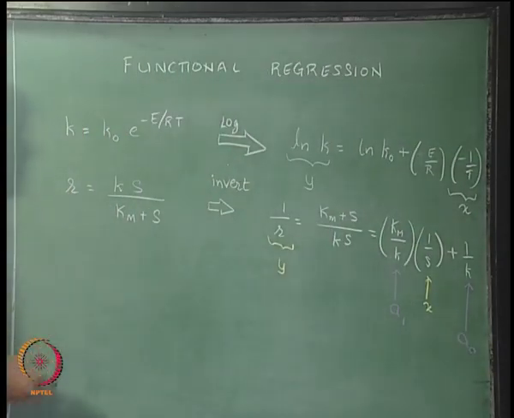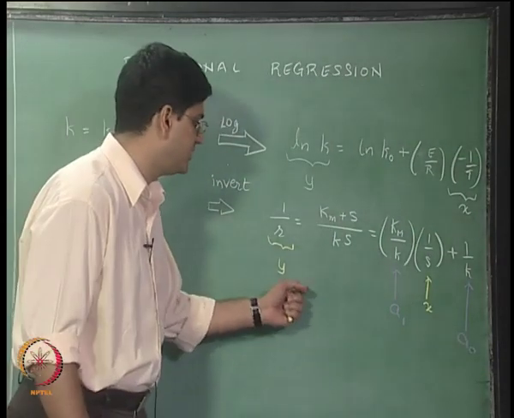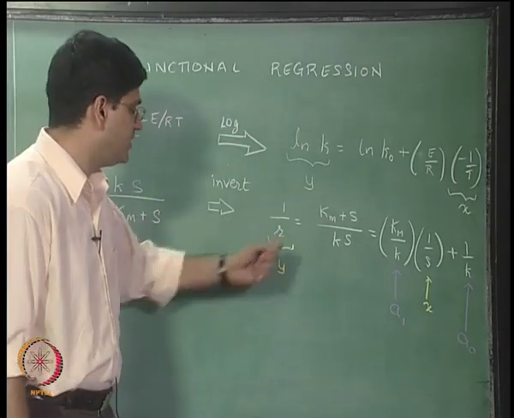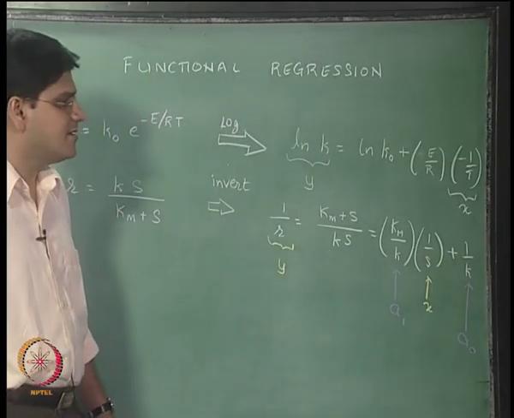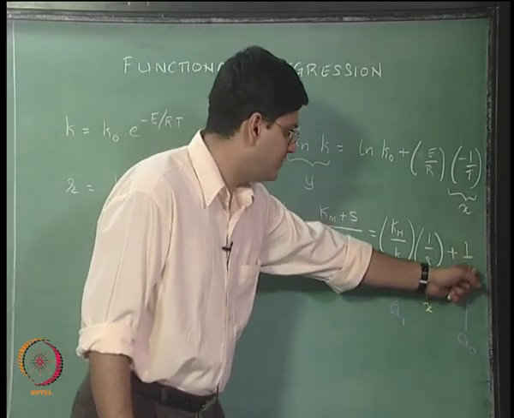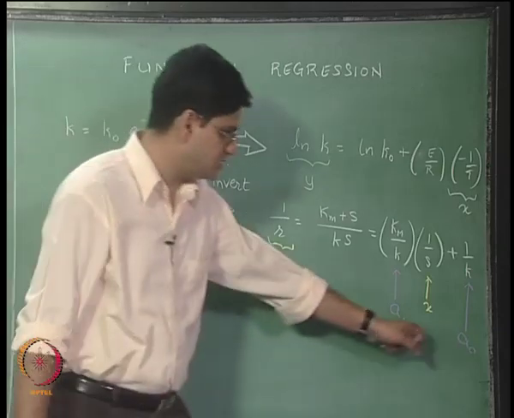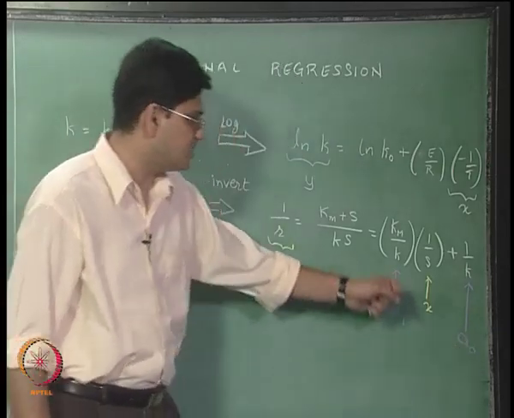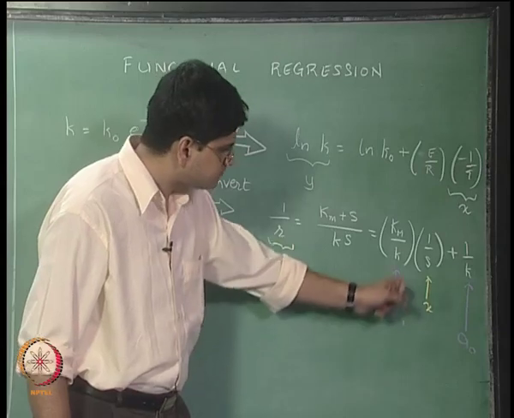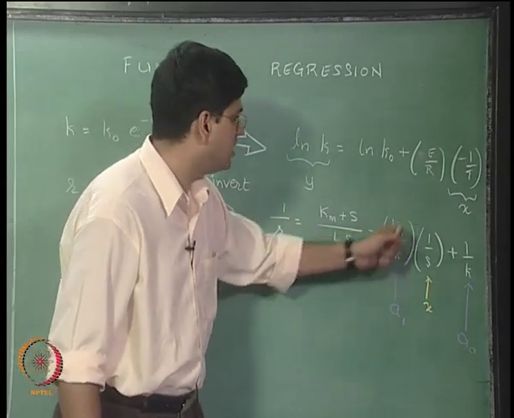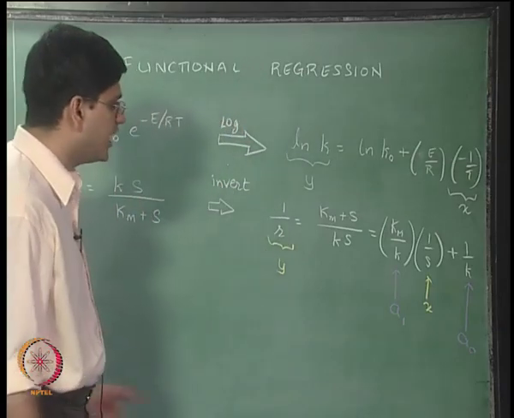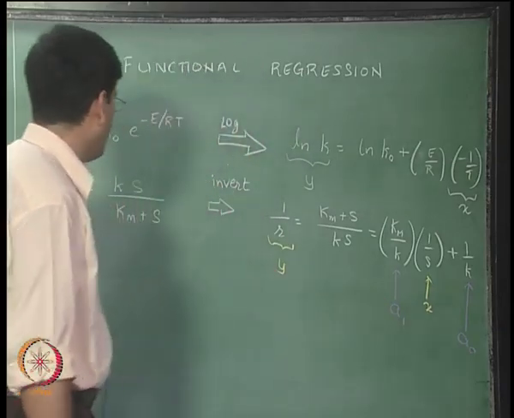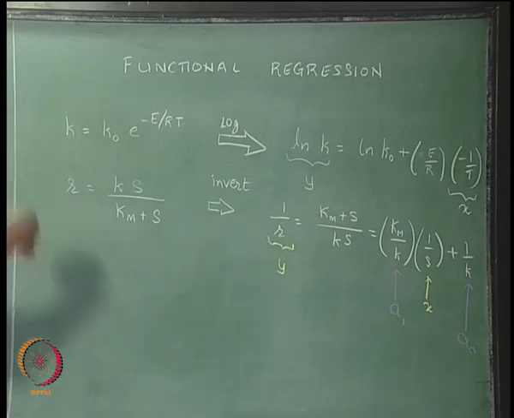So when we try to do a linear regression, or try to fit a straight line between 1 divided by r as the y axis and 1 divided by S as the x axis, 1 by the rate constant k is going to be our y intercept, and the slope is going to be nothing but the saturation constant Km divided by the rate constant k, okay. So that would be another example of functional regression of any particular functional form.